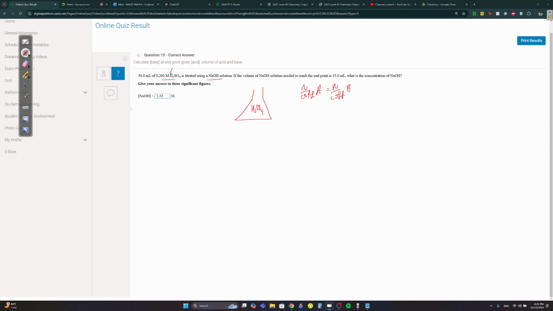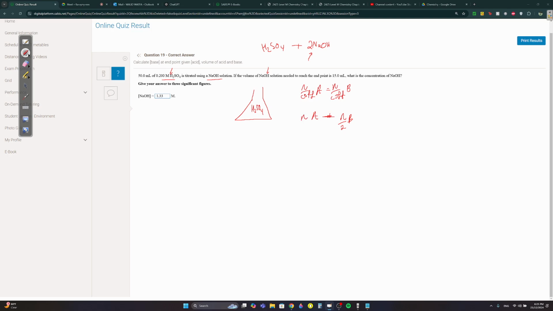The acid has 2 H. How much does the base have? It has only 1. So what's the reaction going to look like? It's going to look like this: 2 NaOH. We have to multiply it by 2, so they're equal, right? So what's the coefficient of the base? It's 2. So it's going to be n over 2 for the base. But the coefficient of H2SO4 is just 1, so we're going to keep it as n over 1, which is just n.